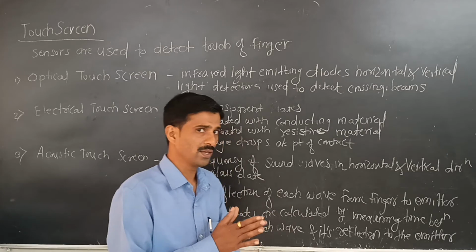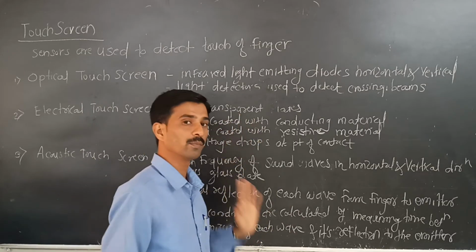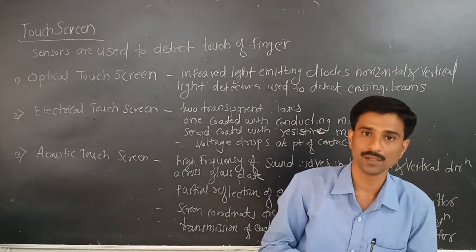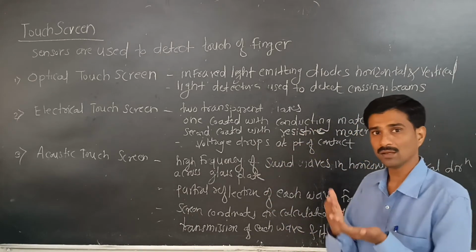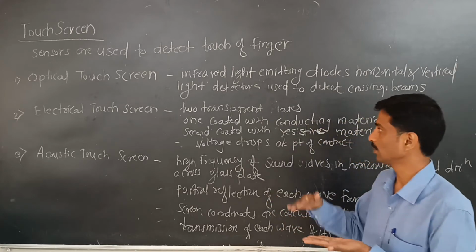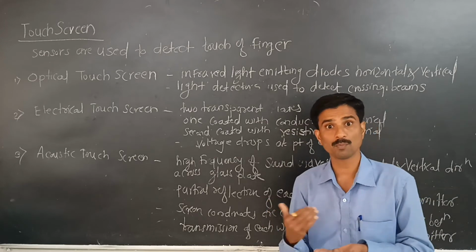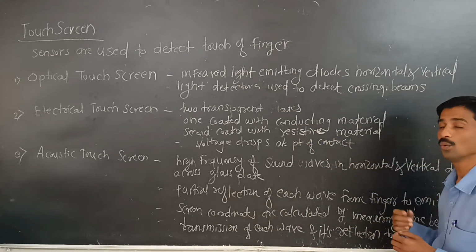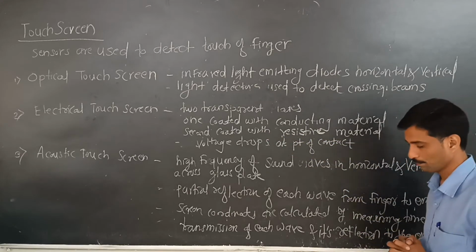The first top glass plate is coated with conducting material, and the other glass plate, which is placed below that first transparent plate, is coated with resistive material.